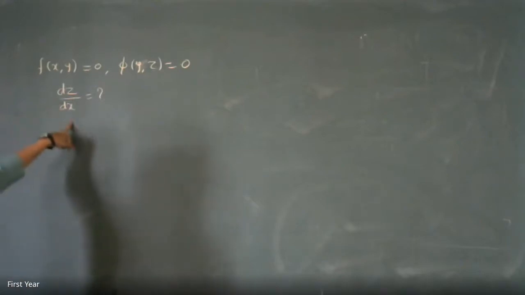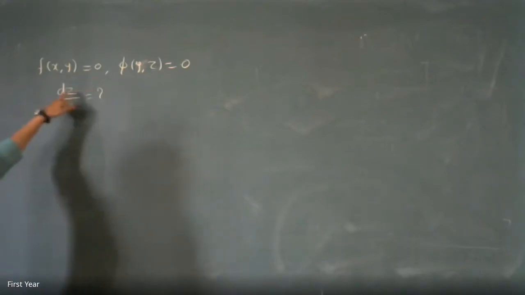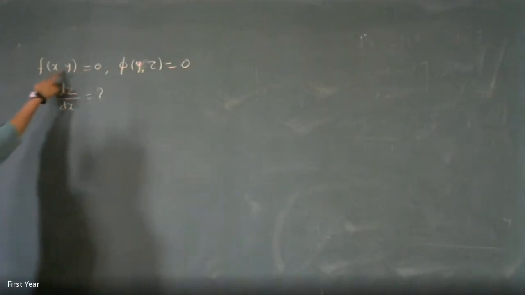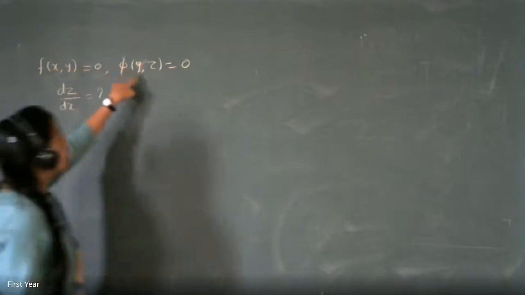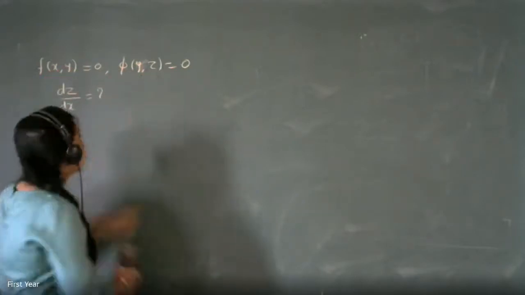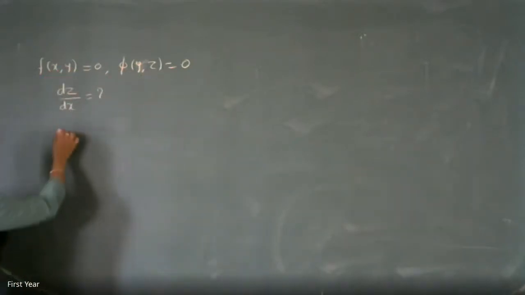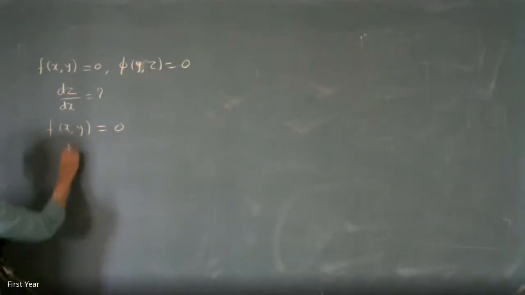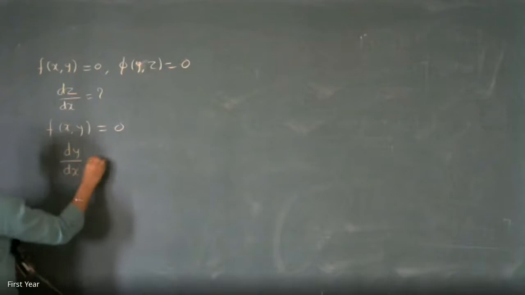We want dz by dx. I don't have any function which relates z and x directly, so I cannot write down the formula directly. But I know that y is related to x, and ultimately y is related to z also. So the chain rule can be applied here. If from the first equation f of x comma y is equal to 0, I make use of the implicit formula for dy by dx, what will be the formula for dy by dx?